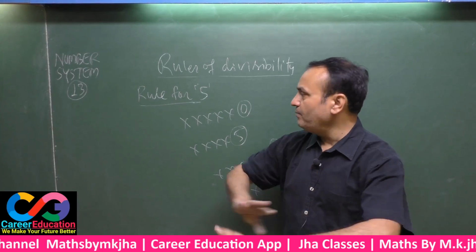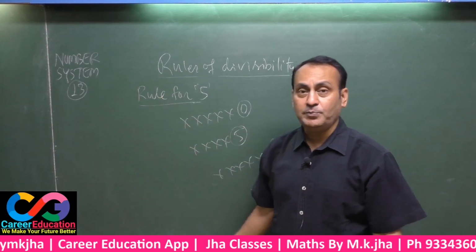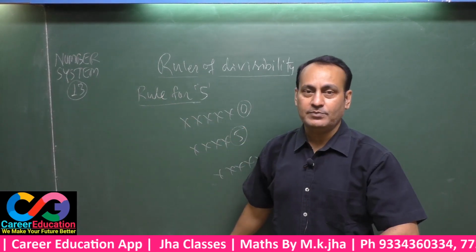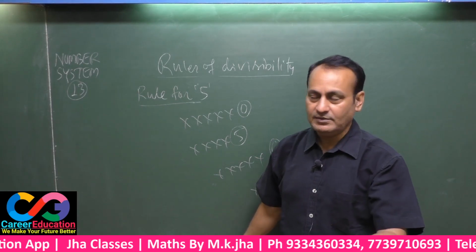That means the number may be very big, but at the unit place either 0 or 5 must be there in order to get a multiple of 5.